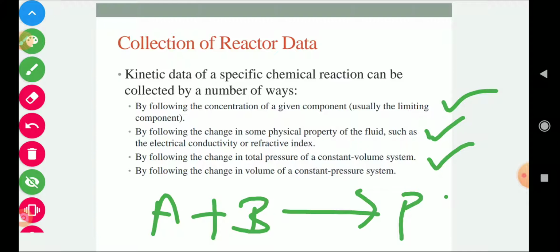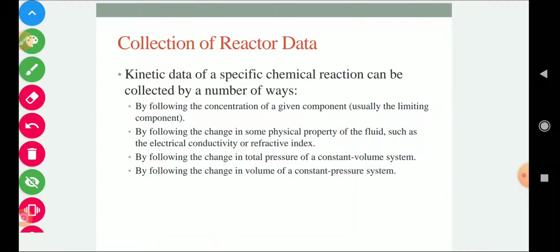So in that case we can measure the volume of the system for a constant pressure reactor, and then convert this value into concentration.